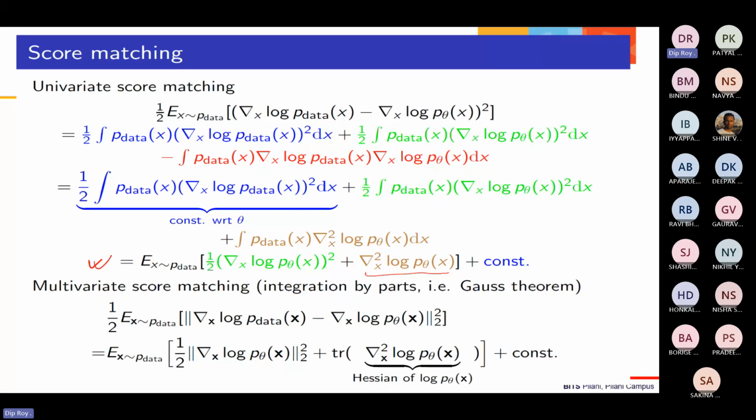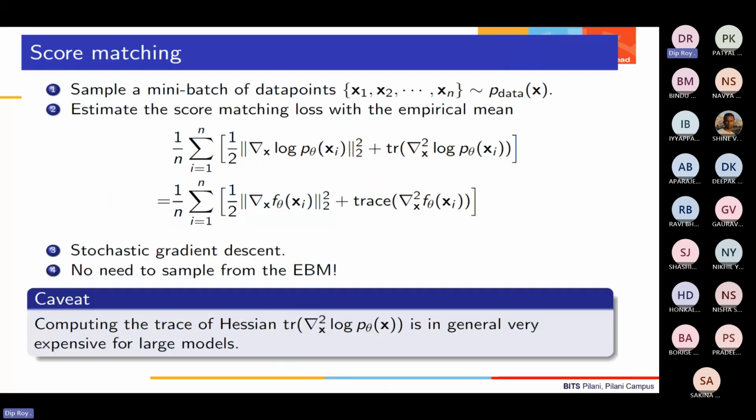Okay. So now how does the score matching algorithm work? The score matching algorithm works like this. Sample a mini batch of data points x1, x2, xn, which belong to p data x. Estimate the score matching loss using empirical mean. And so now nowhere is there p of data.